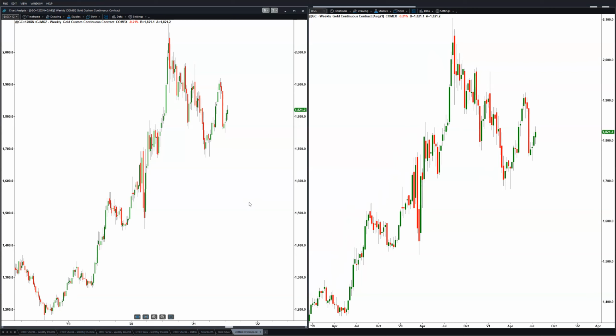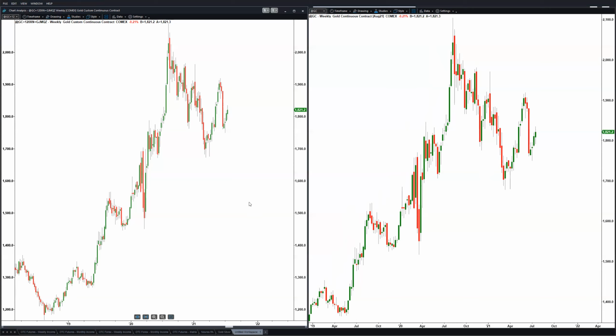They just give you the adjusted chart at GC, at CL, at ES, at NQ, and so forth. And then you have TradeStation, the only broker in the world where you can look at an unadjusted continuous chart.